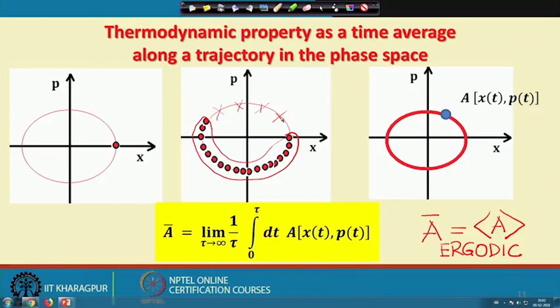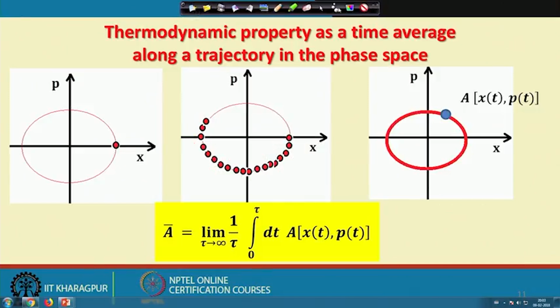For non-ergodic systems, the time average of A is not equal to the ensemble average of A. In the case of an ergodic system, the time average is the same as the ensemble average. For a non-ergodic system, the time average is not equal to the ensemble average, simply because the system has not been able to sample a large part of the phase space under the given condition.